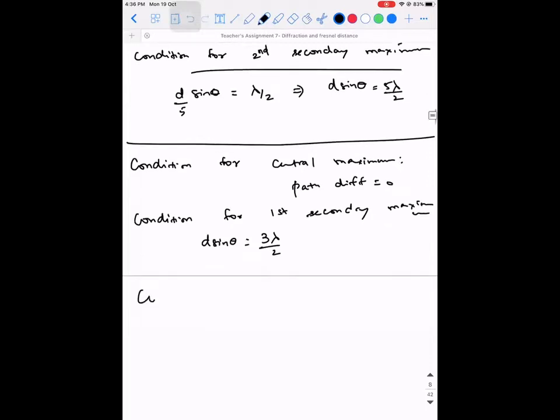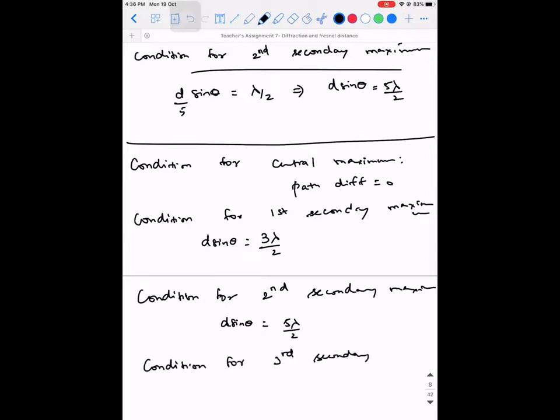Condition for second secondary maximum, d sine theta is equal to 5 lambda by 2. Right. So you people told me that condition for third secondary maximum, d sine theta will be equal to 7 lambda by 2.